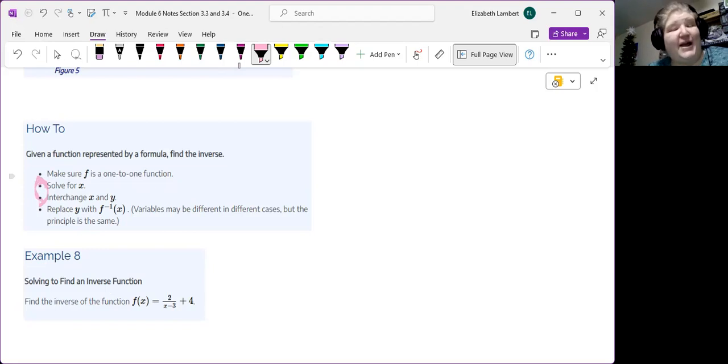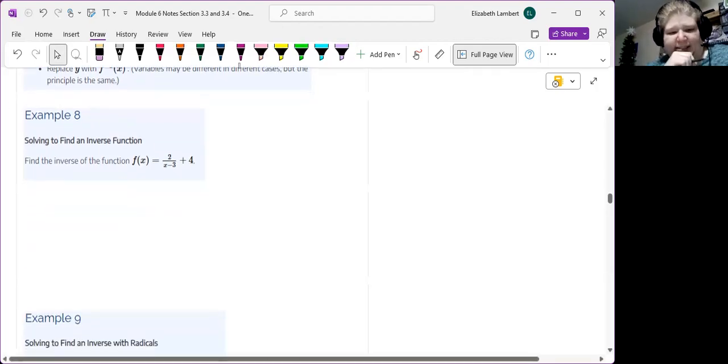First step is solve for y. So you get really used to solving for y. Here, they solve for x. And when you're solving equations, you're solving for x, so I guess that makes sense too. But either way is acceptable. I'm not going to force you to pick one or the other. So there's that.